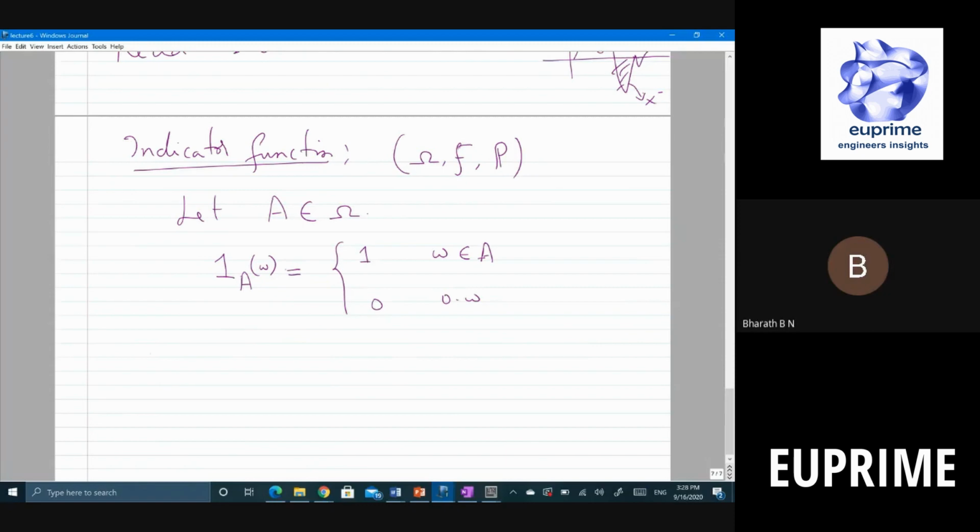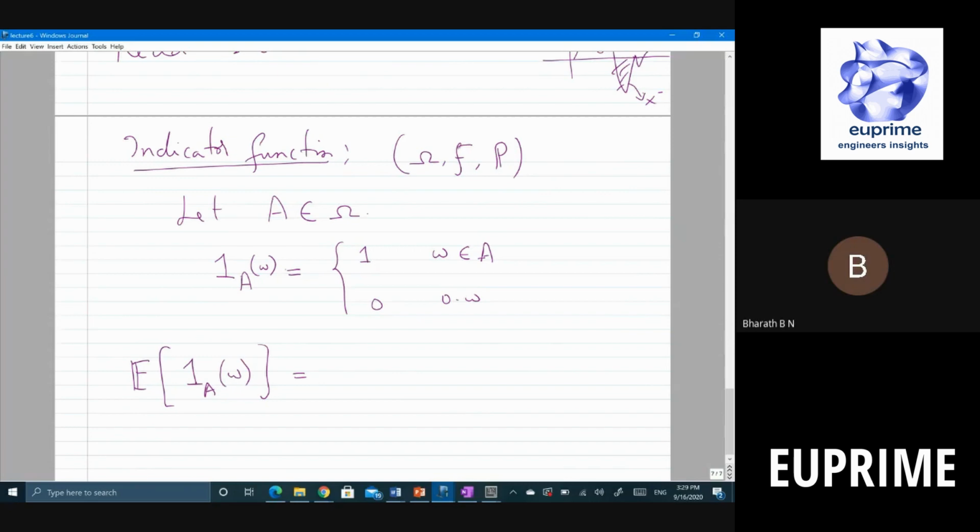Okay, so what can you say about the expected value of this thing, indicator of A of omega? Can somebody tell me? This is what you do, right? If you want to approximate any function, or any random variable, basically a random variable is a function, you divide omega into smaller pieces like A1, A2, A3, and so on. It's called a partition.